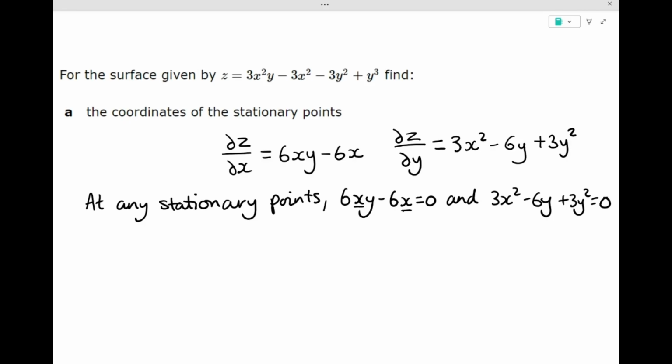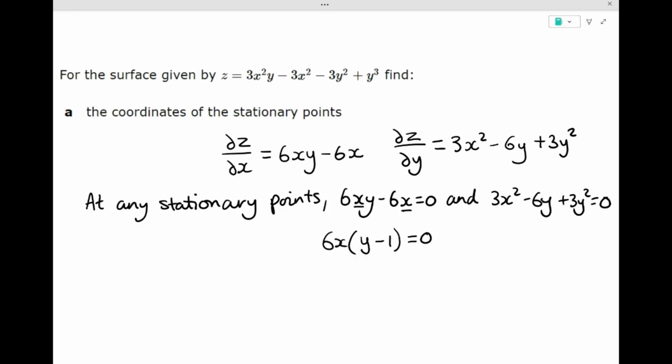So whatever you do, do not divide by x. What you're going to want to do is factorize. So let's factorize x out because it's a common factor, and I'm going to factorize the 6 out with it. So we're going to get 6x, and in brackets it'll be y subtract 1 is equal to 0. If you just divided by x, you would have lost solutions, the potential solution that x could be equal to 0.